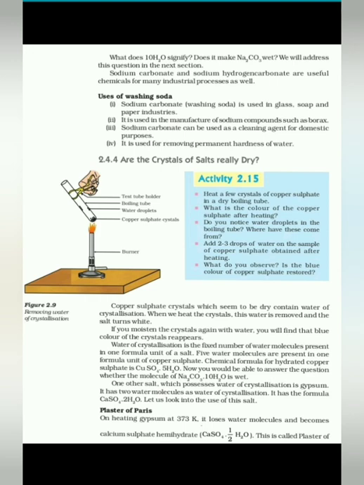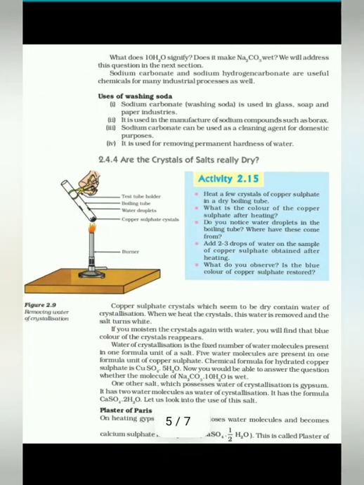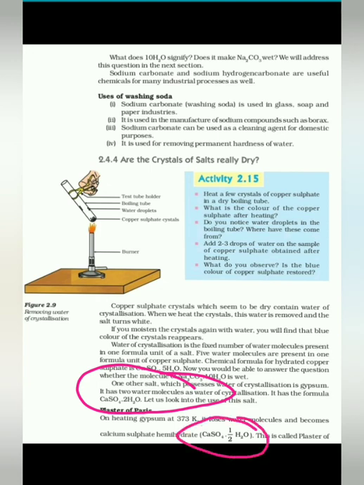See, plaster of Paris. On heating gypsum at 373 Kelvin, it loses water molecules and becomes calcium sulfate hemihydrate. So gypsum is what? Calcium sulfate dihydrate. When we provide heat to this, it will lose 1.5 water molecules and become calcium sulfate hemihydrate, and this is called plaster of Paris.